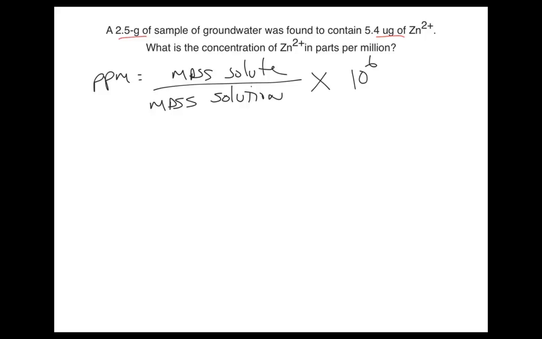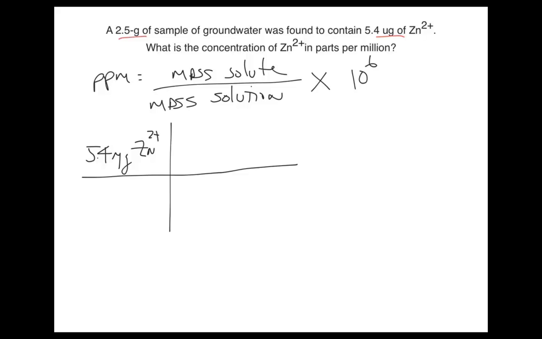So we need to change the units of the solute, 5.4 micrograms of zinc 2+, and we're going to use the conversion factor of micrograms to gram. Remember that 1 microgram is equal to 10 to the power of minus 6 grams, or 1 gram is equal to 10 to the power of 6 micrograms.